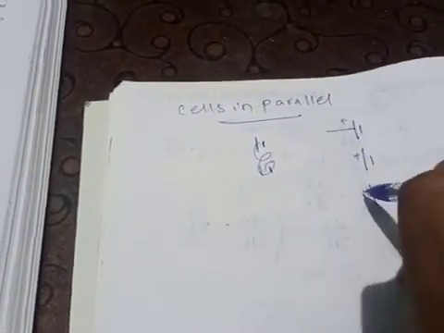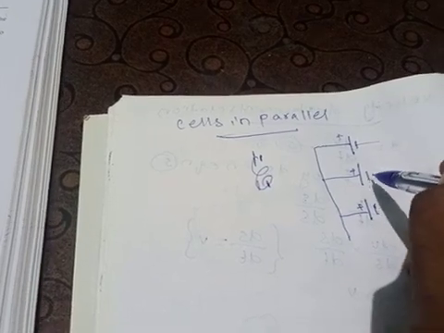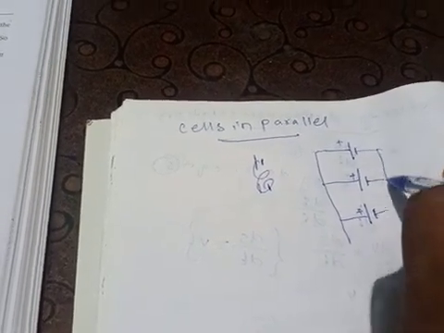Here 3 cells are connected. So all the positive terminals are connected together, all the negative terminals connected together.